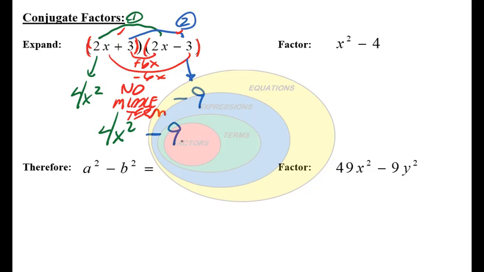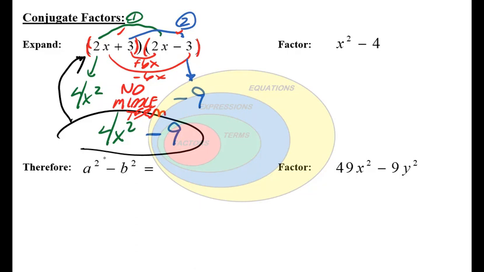So what we want to do is look at this expanded expression. How are we going to be able to recognize that the factors of an expression like this are actually conjugate binomial factors? So we want to be able to recognize expressions that come from multiplying conjugate factors. So down here, I'm basically generalizing this expression.